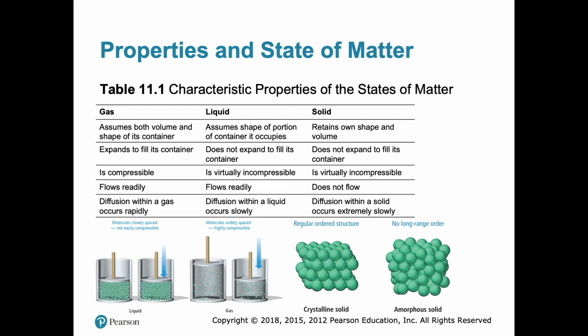So check this out, right? Here are some properties of the different states of matter. Gases, right? Well, they assume both the volume and the shape of their container, which makes sense because if you have a flask with chlorine gas in it, does all that chlorine gas stay at the bottom? No, it kind of just fills the entire flask, right?